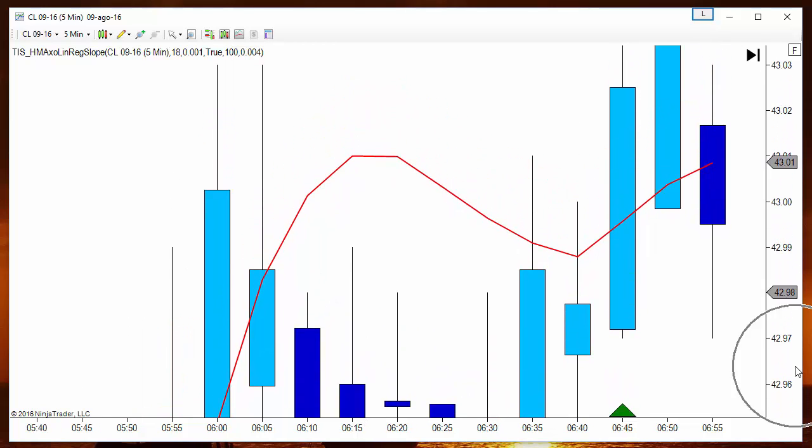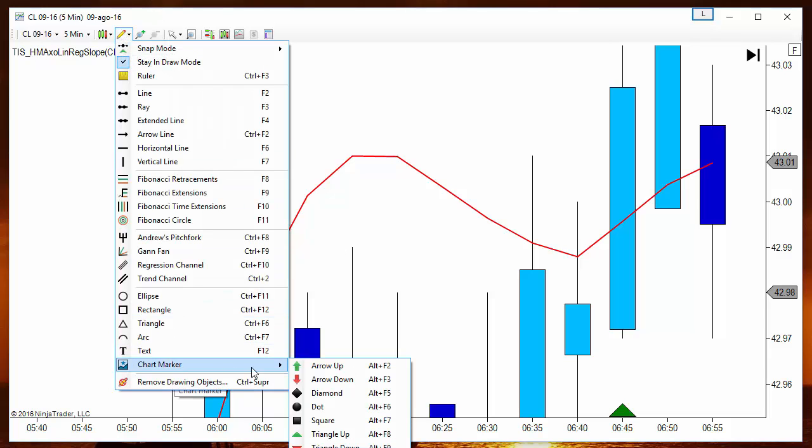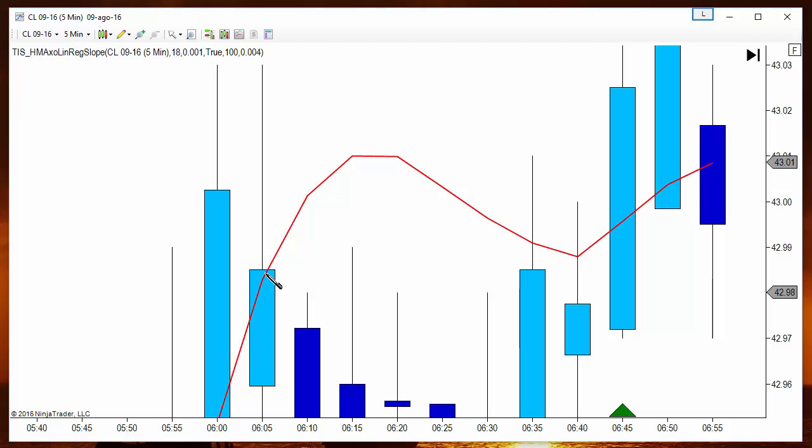We can see that not only the HMA but any line has only one value per bar, so it is not a continuous line. So we have one value per bar, these are the HMA values per each bar.